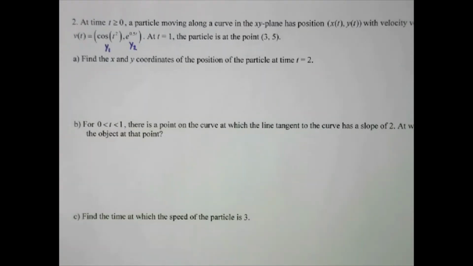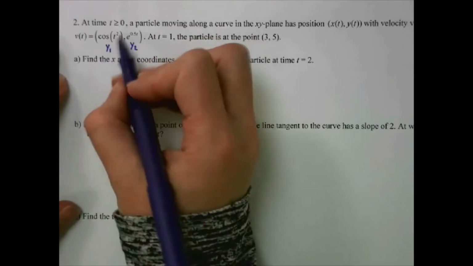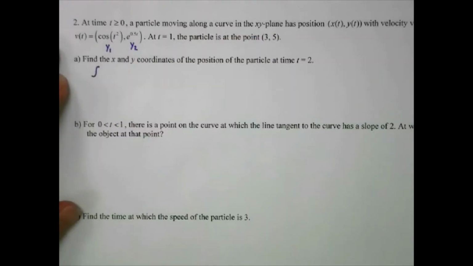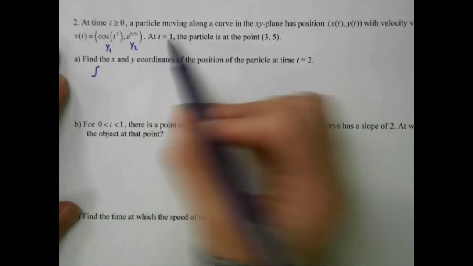All right, so finding the x coordinates and the y coordinates. We don't have a position vector, but we have the velocity vector. So for my x coordinate, we're using this. We're going to use the fundamental theorem of calculus. We know the particle's position at 1. We're trying to find the position at 2.